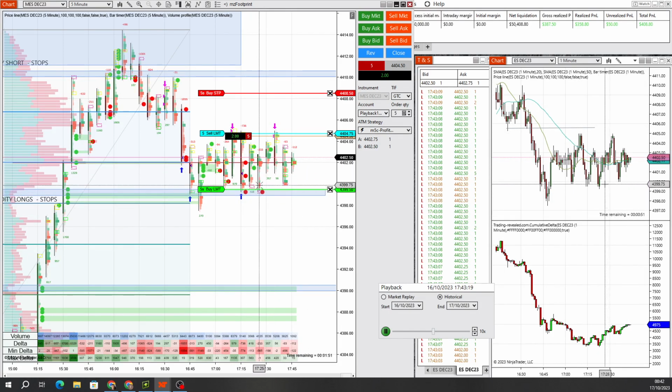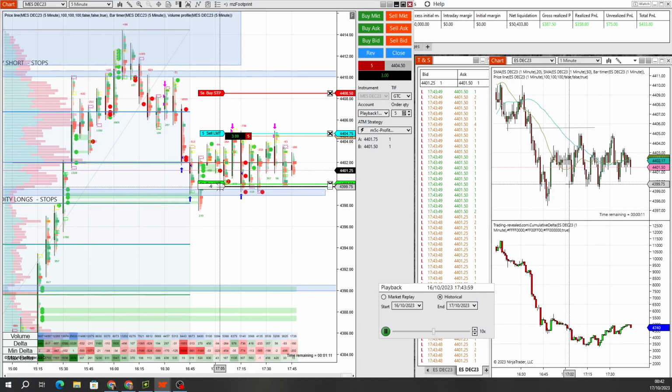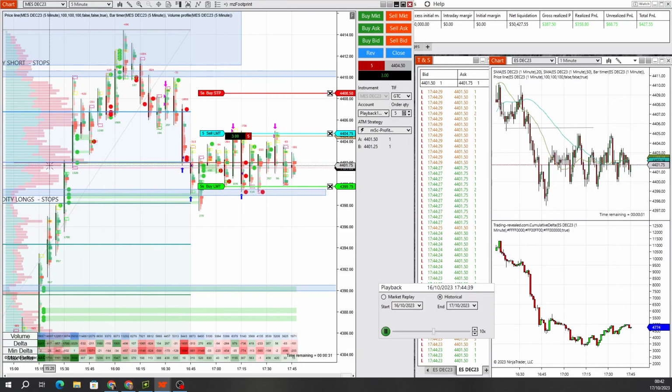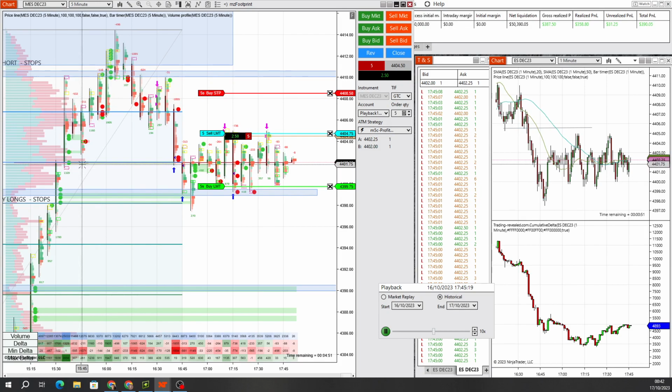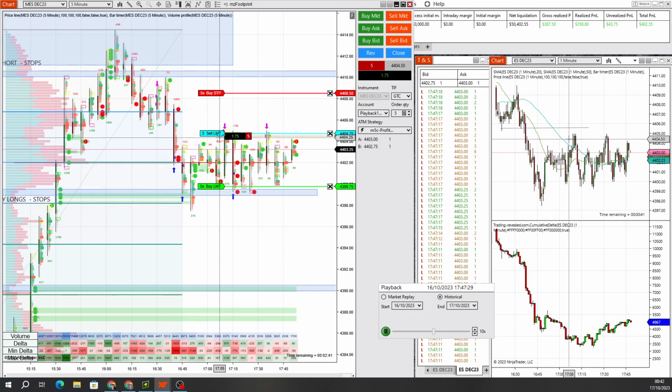And it should take these stop losses pretty much. So we still have this gap here to fill. Notice that the POC just shifted into this place. So this node is not the highest node anymore. That's the highest node.